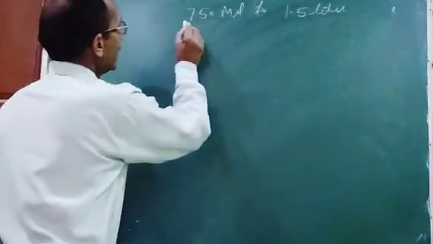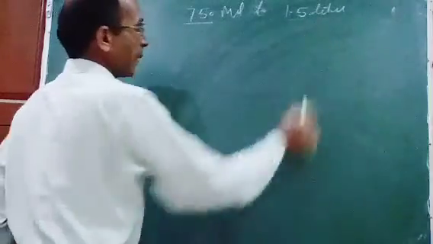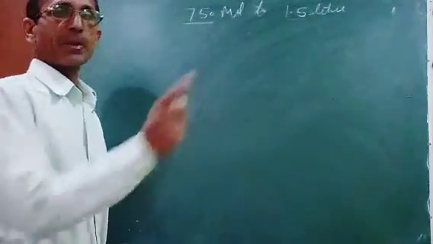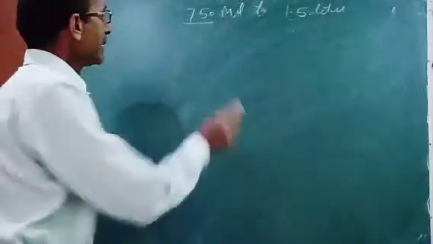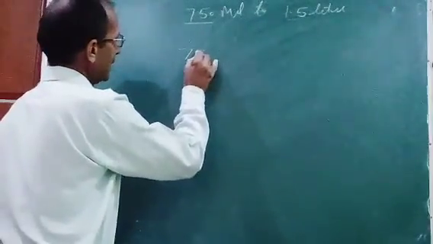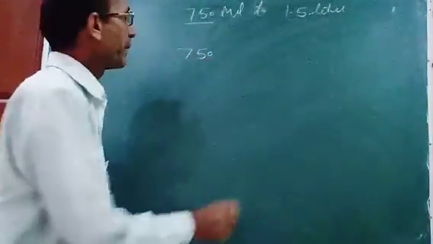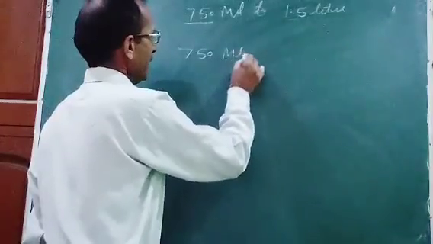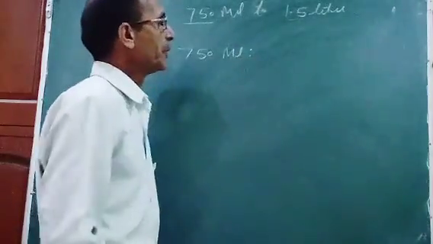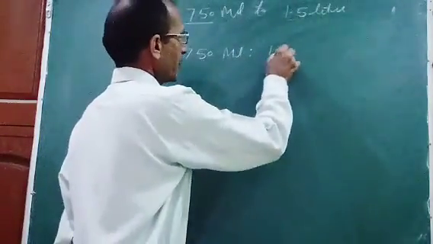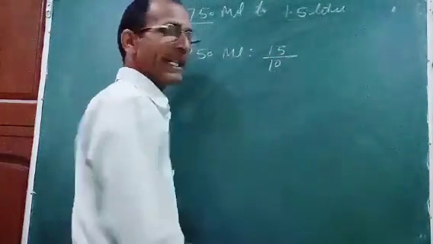Convert into the same unit. 750 milliliter to 1.5. So remove the decimal, 15 by 10.